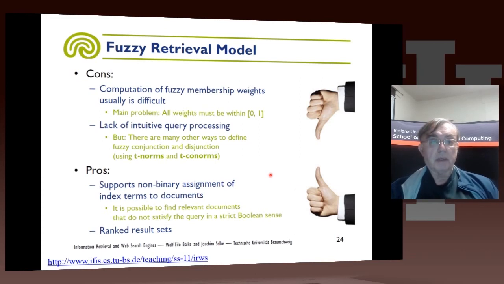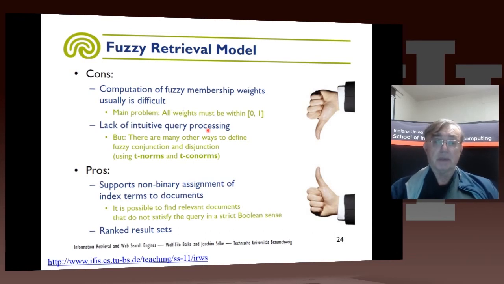So there are many fuzzy models, and you have to calculate their weights. Obviously, this one we just went through is a non-trivial computation, and you also have to link that with a way of processing queries in a fuzzy fashion. You don't necessarily want these very precise queries.